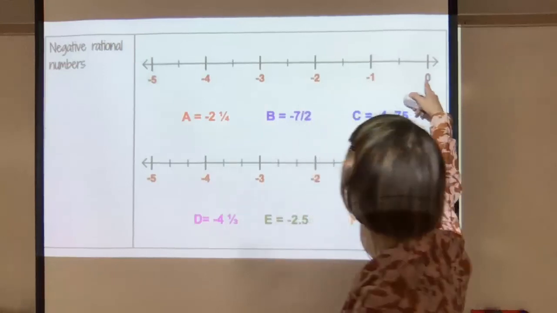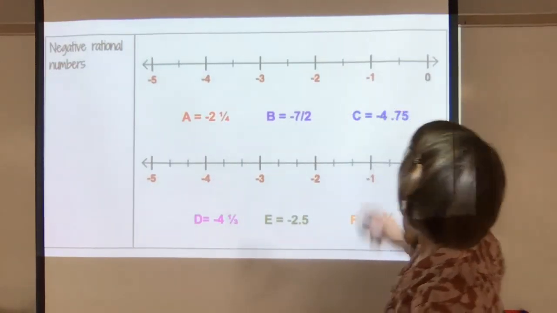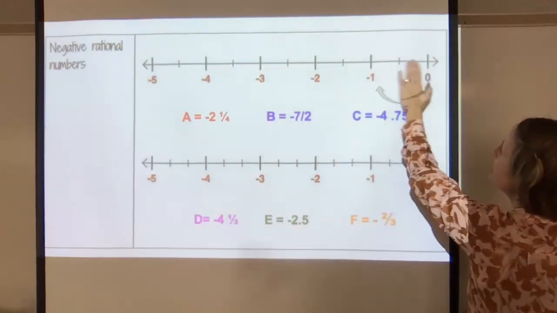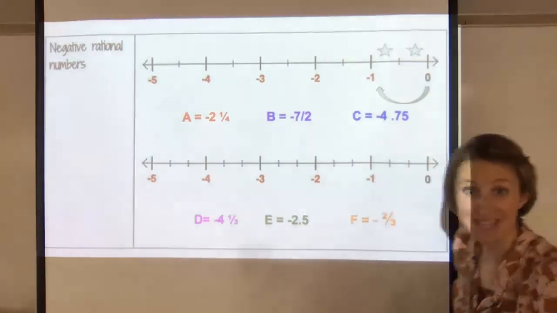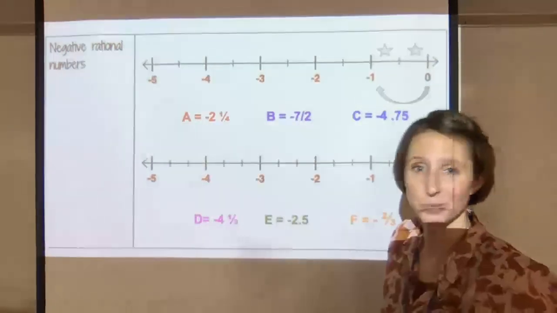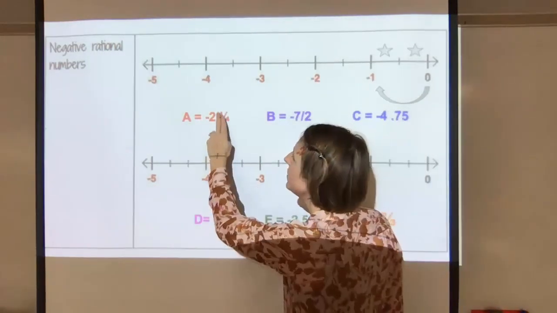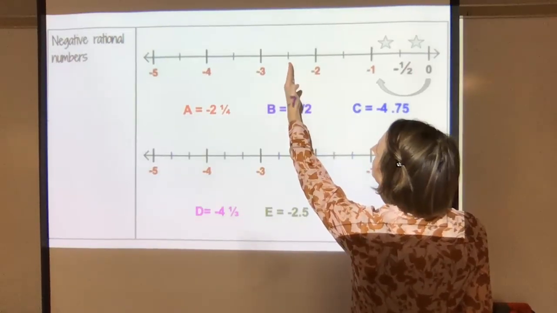We have 0, there's a tick mark, -1, tick mark, -2. So if I pick a whole, just focus on any whole, I can see that it's cut up into equal pieces. How many equal pieces? 1, 2. That means this tick mark right here represents -1/2. So if I have to find -2 and 1/4, I'm going to find -2, and now here was -2.5, right?